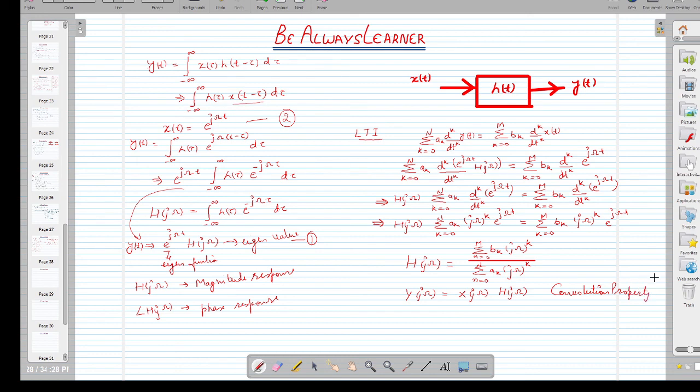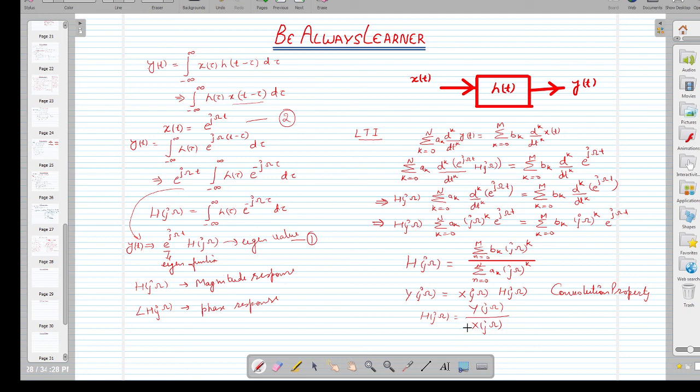Now we can say that H(j omega) is equal to Y(j omega) divided by X(j omega). So we can write like this.